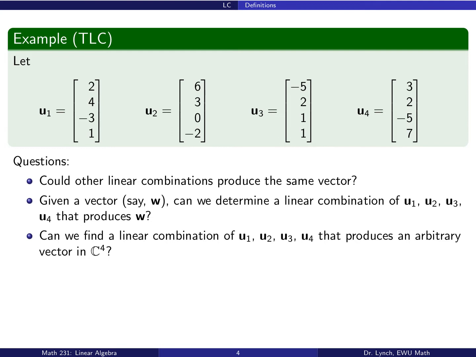If we have a given vector, maybe we'll call that vector w, could we cook up a linear combination of our u's that produces that w? And what about if we had some arbitrary element of C4? Could we find a linear combination of the u's that produces an arbitrary vector in C4? So it turns out that we can answer all these questions and even more by having a look at a certain linear system.